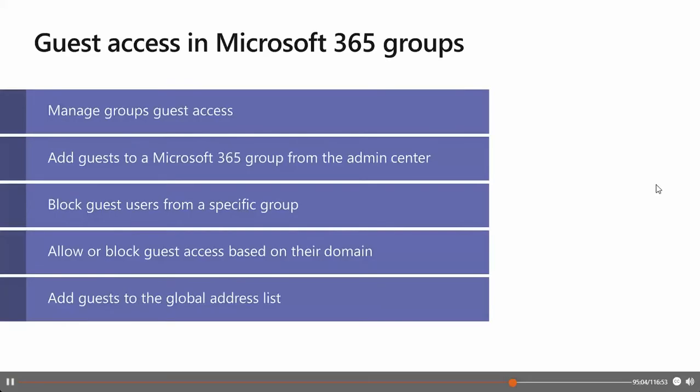To manage the guest access in Microsoft 365 groups, you can do a lot of things, obviously, from the Microsoft 365 Admin Center. You can block the guest users from a specific group. You can allow or block guest access based on a specific domain, or you can add guests to the global address list to identify them, for example.